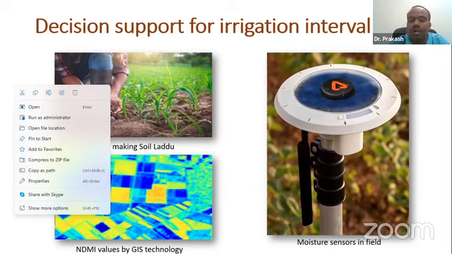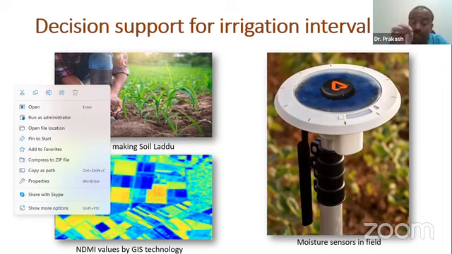Extra water depletes our yield, and water stress also gives less yield. So with the proper balance of irrigation, there are chances of a good yield. Timely decision of giving irrigation is based on such technology.